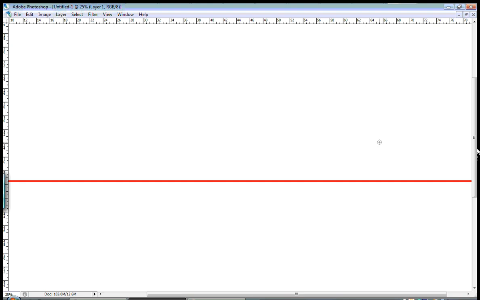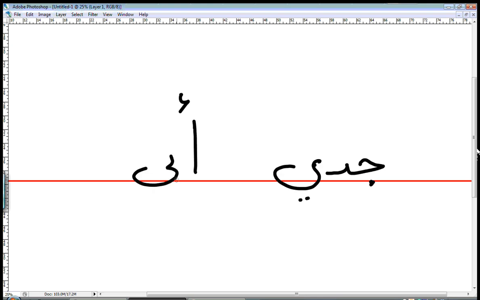Let's see when we end with a stretching letter, just to see how things work. I have an example here, and I think it would be good for you to know because these are very common words.